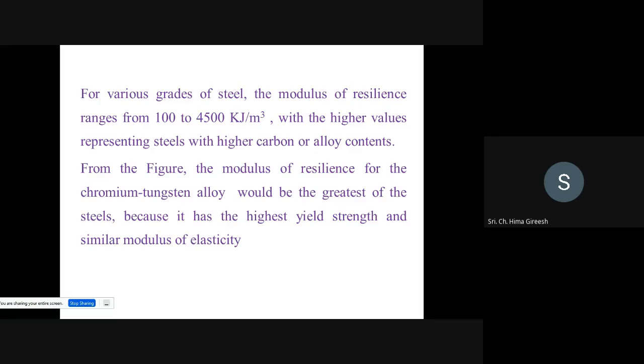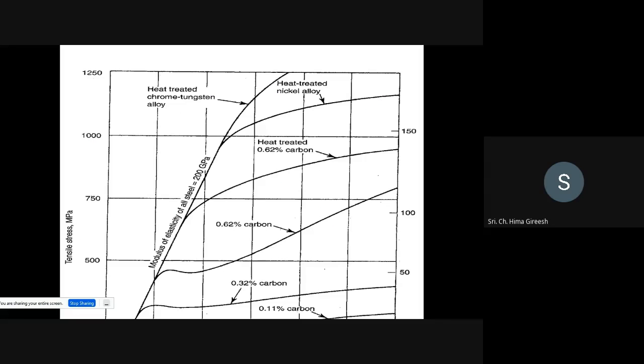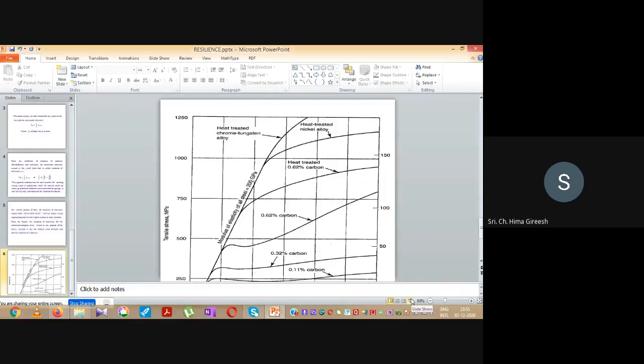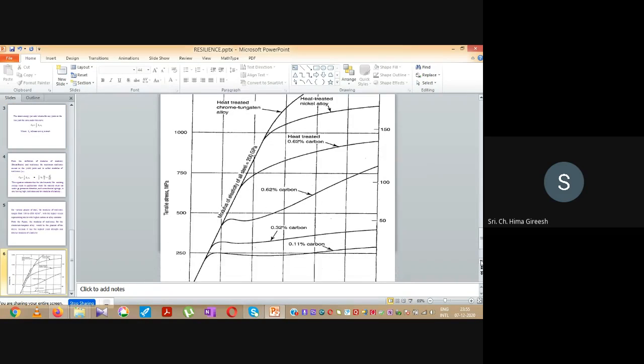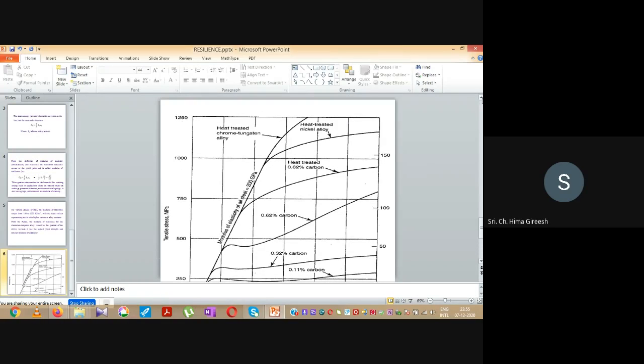Here we have a figure. After observing the figure, we come to the second point. This is the total diagram, the stress strain curves for the steel family. We should take the modulus of elasticity of steel as 200 gigapascals.